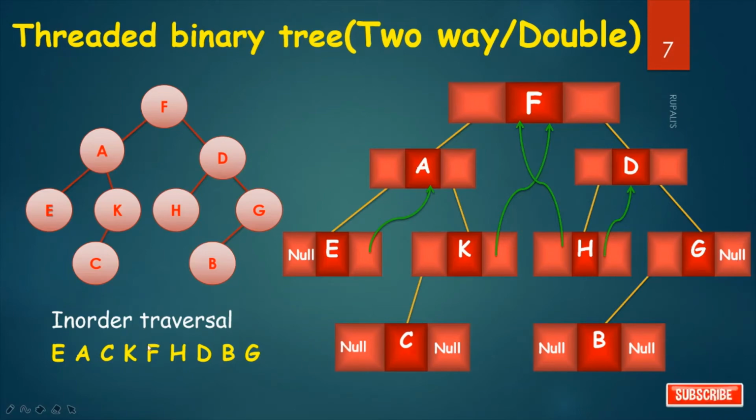In case of C, the left and right fields hold the addresses of A and K. So the left field holds the address of A, the in-order predecessor of C, and the right field holds the address of K, the in-order successor of C. Now in case of B, the left field holds the address of D and the right field holds the address of G.